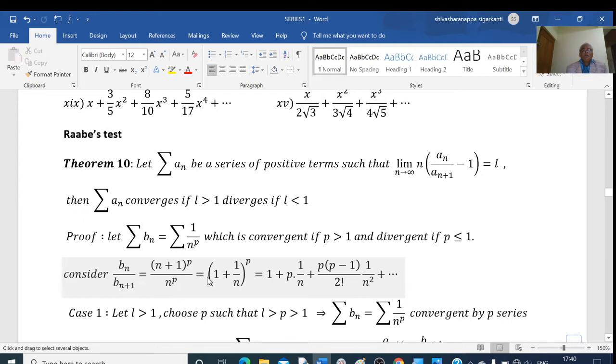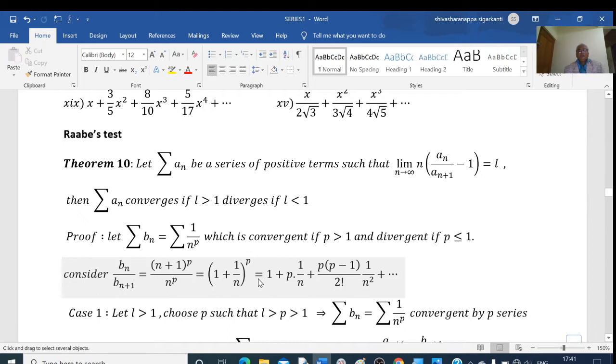Now taking the common power p and taking the separate denominators, (n+1) by n is 1 plus 1 by n, that is (1 + 1/n) to the power of p.